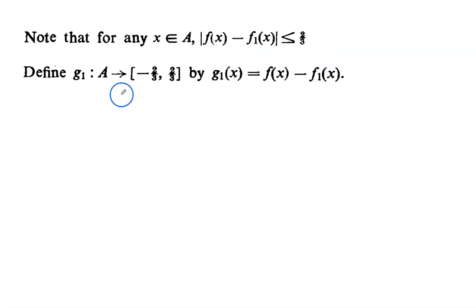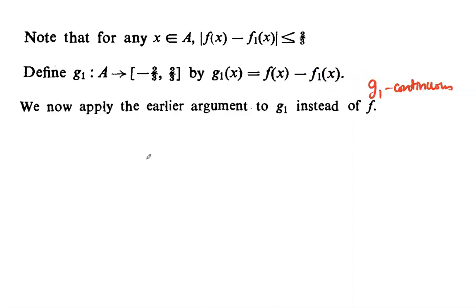So we can assume that g1 is defined from A to the closed interval [-2/3, +2/3]. Then since both f and f1 are continuous, g1 will be continuous. Now we apply the earlier argument to g1 instead of f.